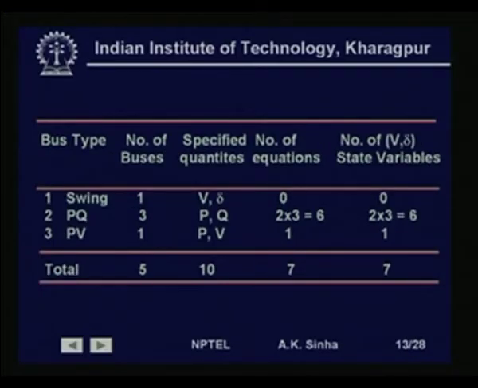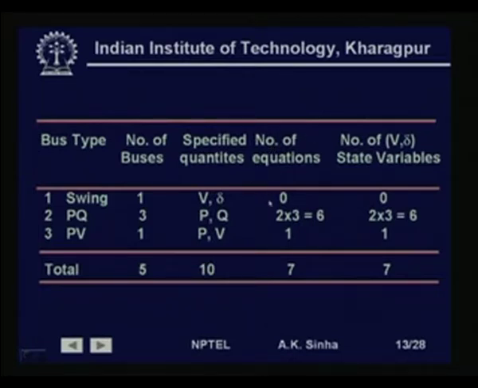Now, if we look at this system, what do we find? We find that we have 3 types of buses. One is a swing bus. How many swing buses do we have? We generally have only one swing bus in a system. What are the specified quantities at this bus? Both voltage magnitude and the associated delta angle are specified.